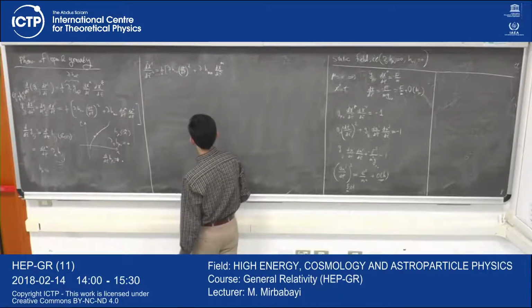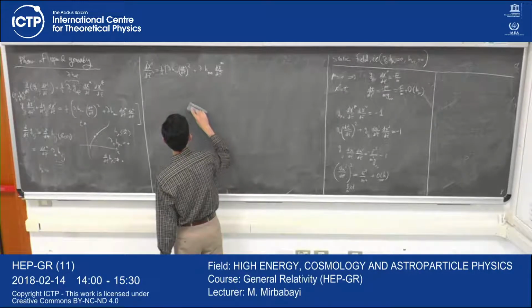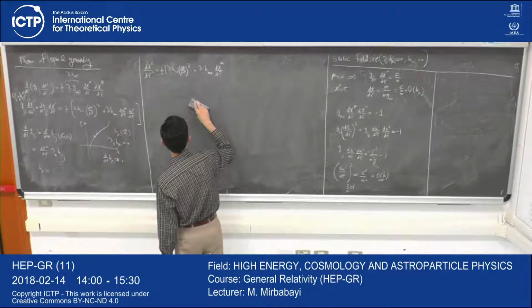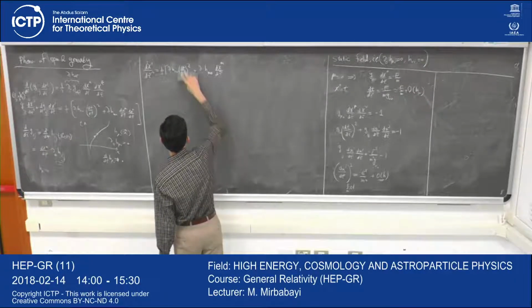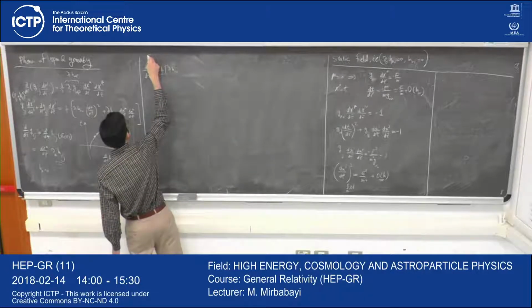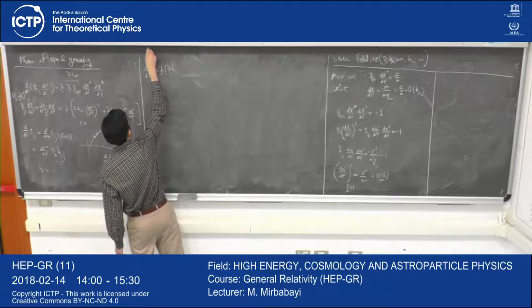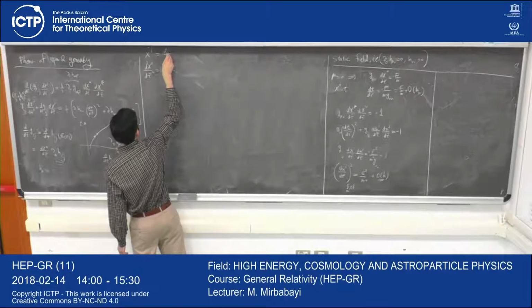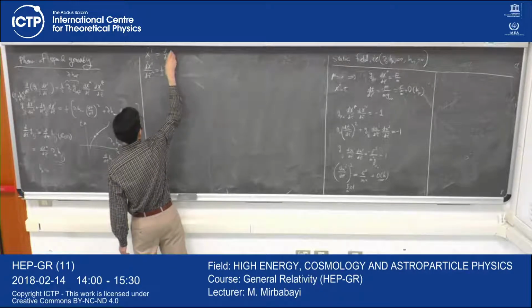One thing that I can do is call derivatives with respect to tau tilde dots, just to simplify things, so that x_i dot is d by d tau tilde of x_i.